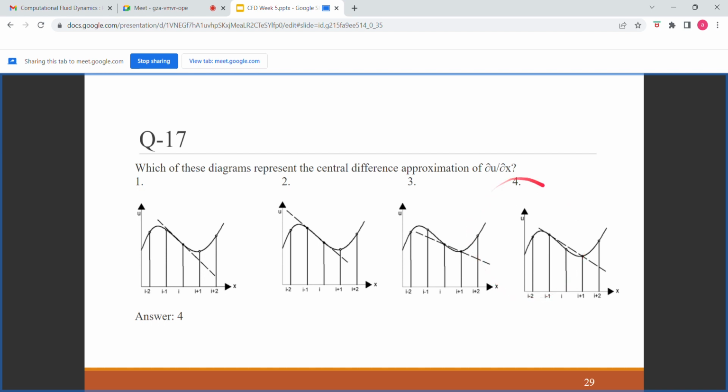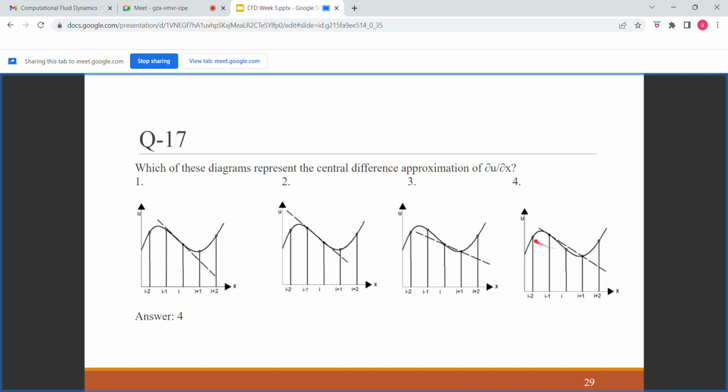But in option 4, that is the last diagram, the points that are chosen are i minus 1 and i plus 1. The line is passing through these. What this diagram basically denotes is that this is the curve of the original PDE, and the points that we are using for the calculation differ in different schemes.